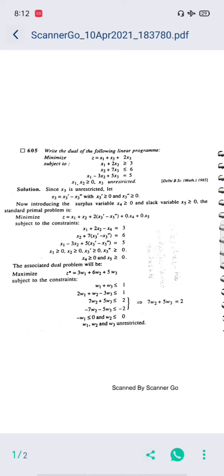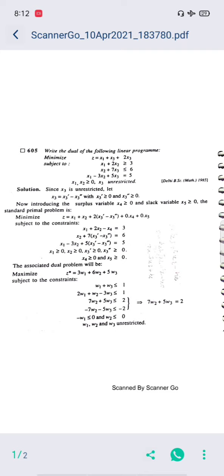This becomes w1 plus w3 less than or equal to 1, 2w1 plus w2 minus 3w3 less than or equal to 1, 7w2 plus 5w3 less than or equal to 2, minus 7w2 minus 5w3 less than or equal to minus 2, minus w1 less than or equal to 0 and w2 less than or equal to 0, w1, w2 and w3 unrestricted.